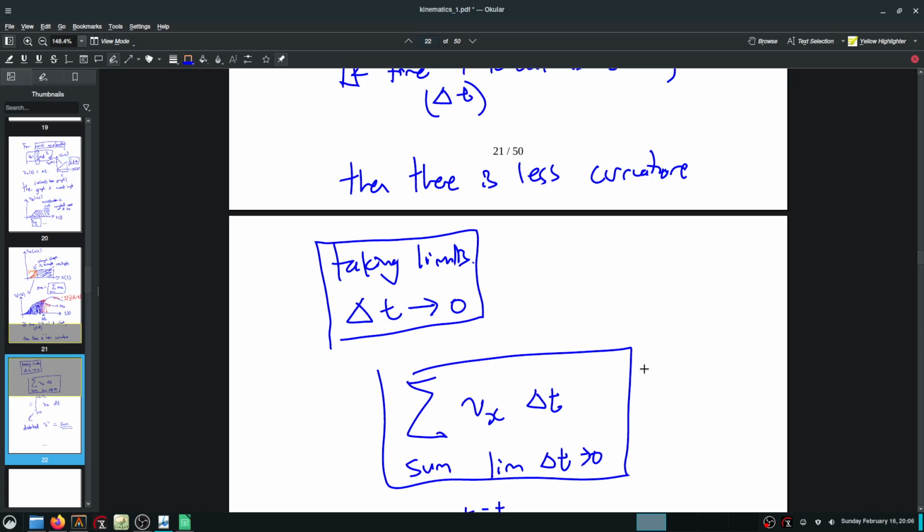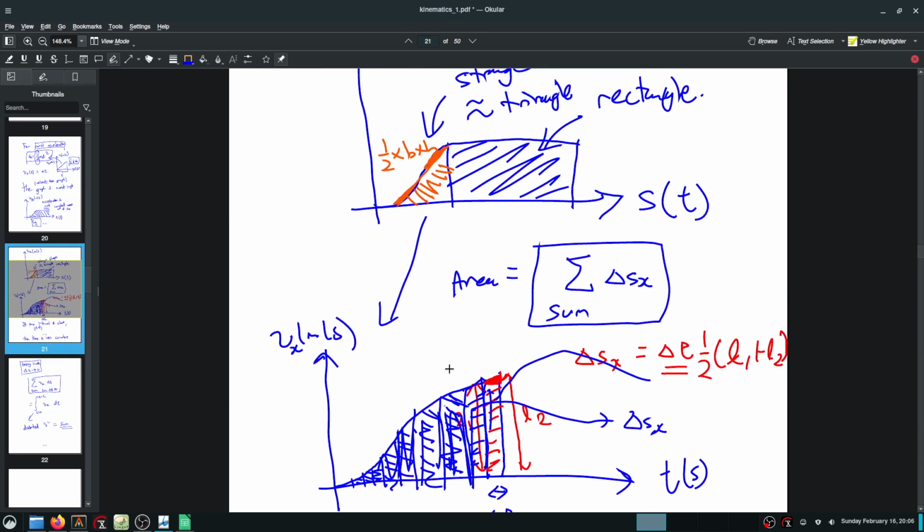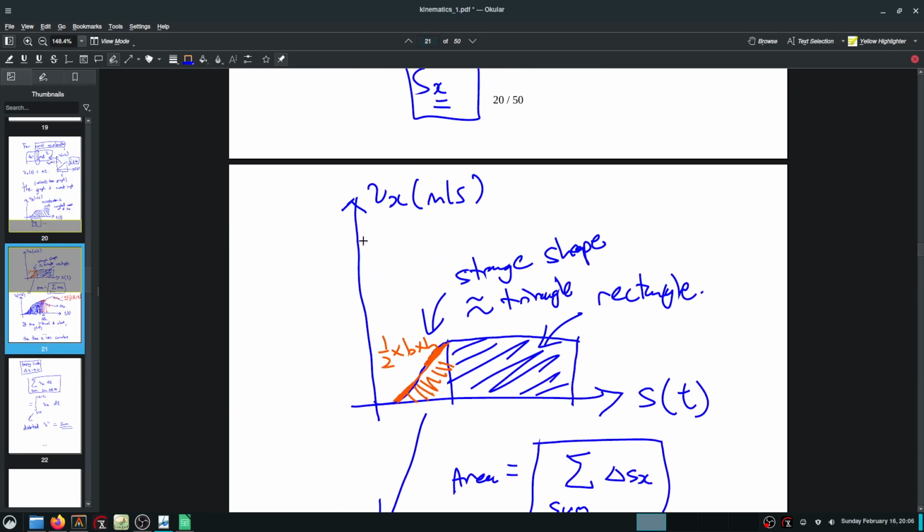You can check me on this. And of course dynamics as well, where you talk about forces, friction, all these kinds of things. So do pay attention, but what I want you to take note of is: just remember area under the graph for distance in a velocity-time graph.